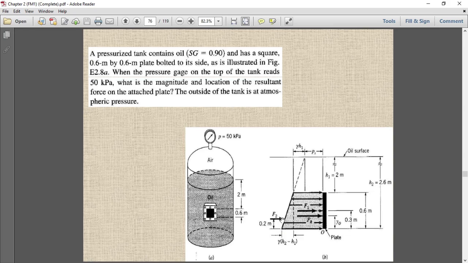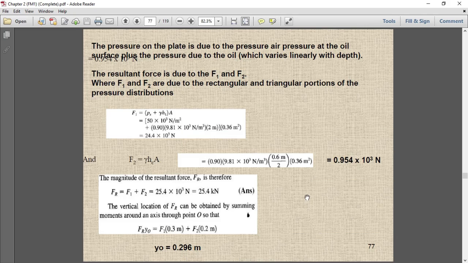If we sum up F1 and F2, we can calculate FR. See here, F1 is equal to PS plus gamma H1 into area. We know that pressure multiplied by the area will give you the force. So this is how we get the force F1.